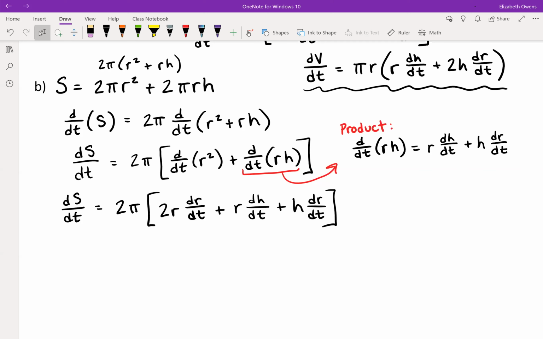If you wanted to do any factoring, there are a couple options. We've got dr dt's in a couple terms, we've got some r's in a couple terms, but there's no factor that's common to all three of those things. So it's really up to you if you wanted to do some factoring inside those brackets or not. Could go either way.